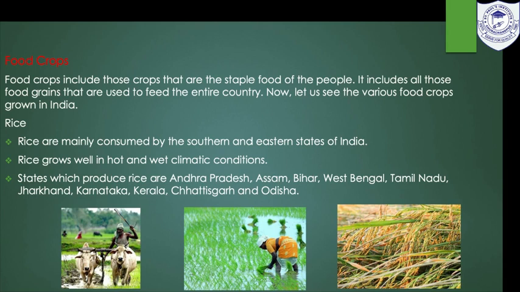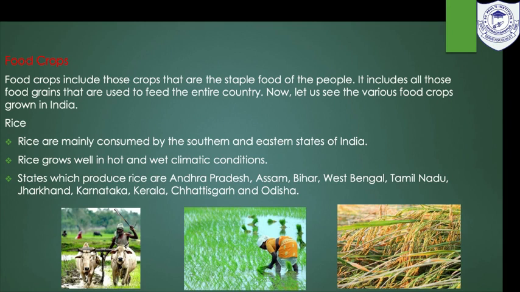So how does rice grow, and what type of weather do they need, and what are the states producing rice? Let us see. Rice is mainly consumed by the southern and eastern states of India. Rice grows well in hot and wet climatic conditions.